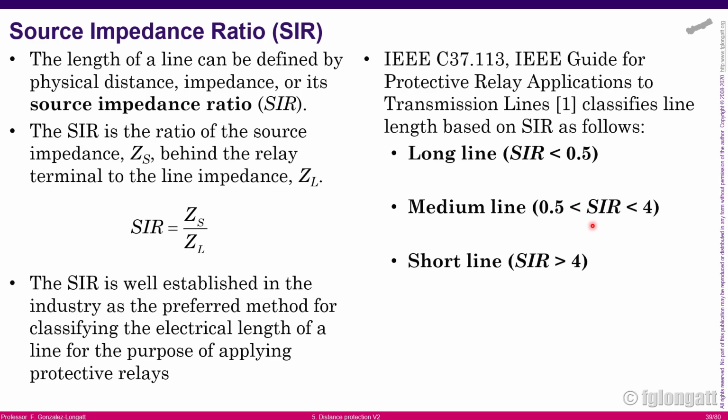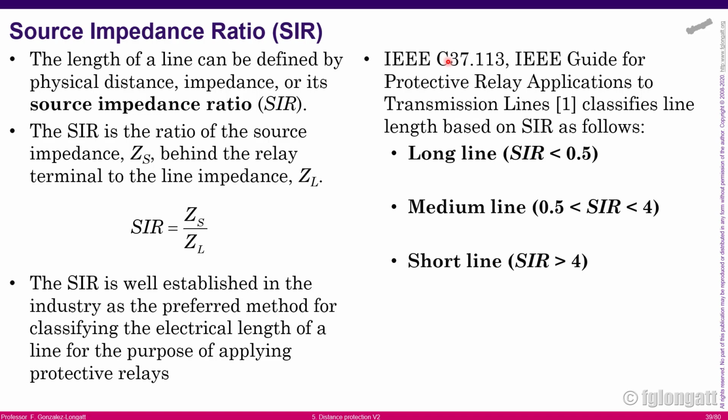If you are familiar with the IEEE standard C37.113, you can find there the full definition of the source impedance ratio. But in simple terms, it is the ratio between the source impedance and the line impedance, okay? And the standard C37.113 uses the SIR to identify three different sets of transmission lines.